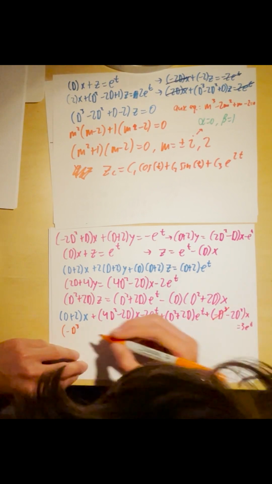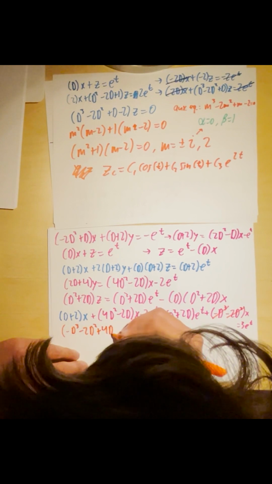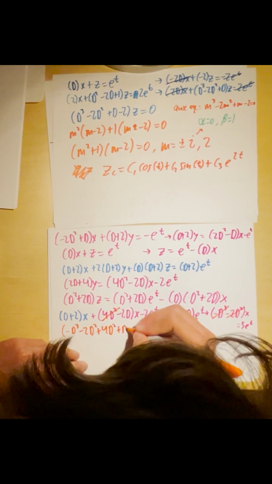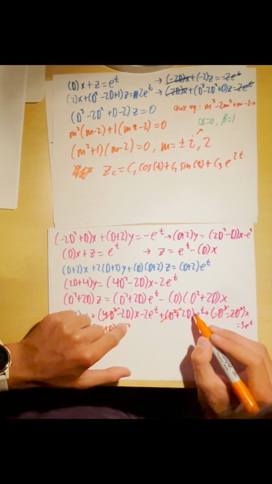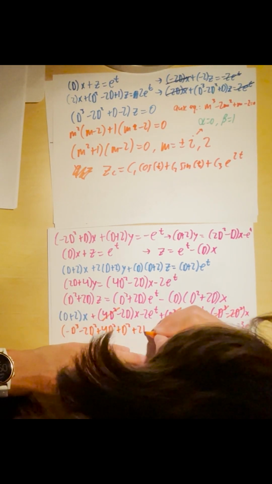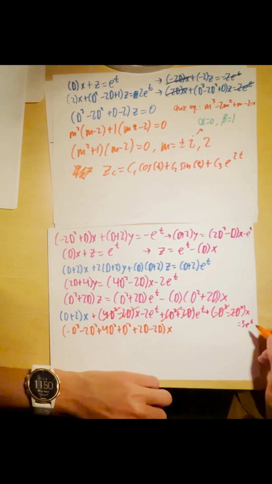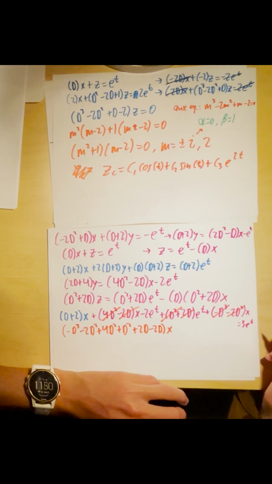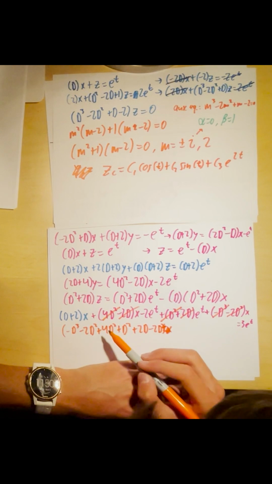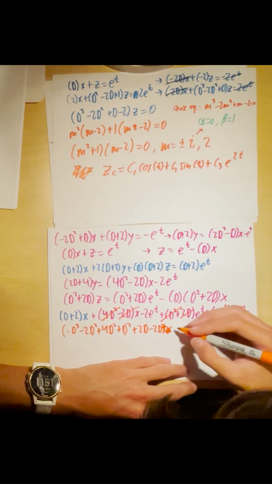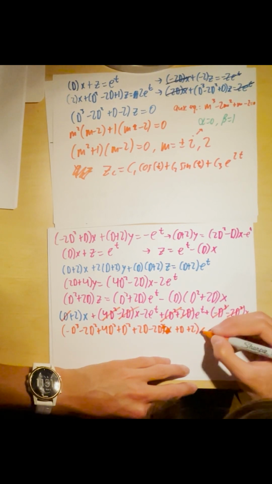Minus 2d squared. Plus 4d squared. Plus d squared. And we have a plus 2d and a minus 2d, all operating on x. Oh, sorry, just noticed two more. We also have another d here, plus d, plus 2, all operating on x.